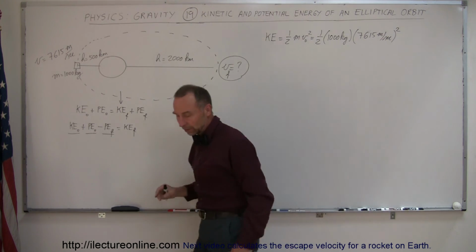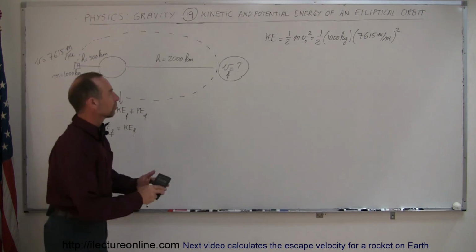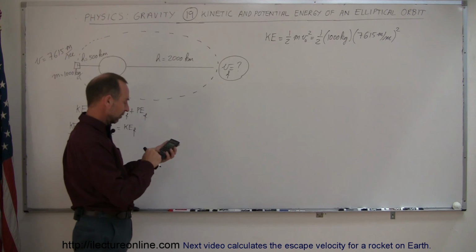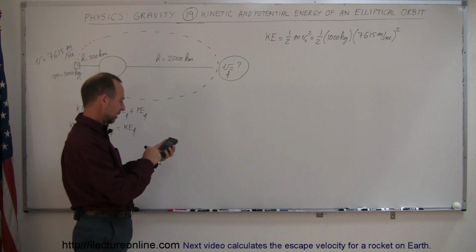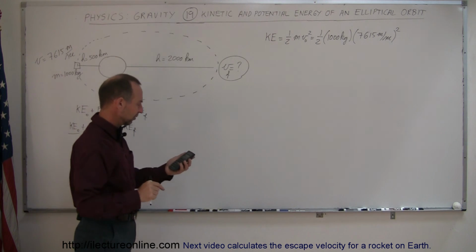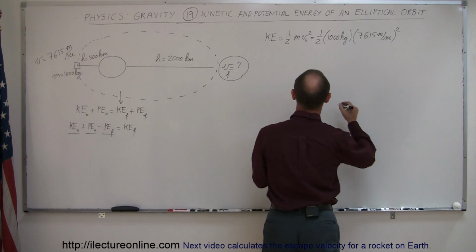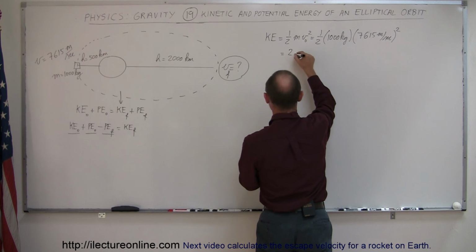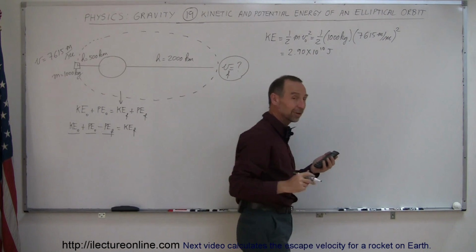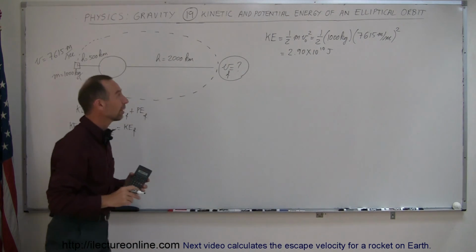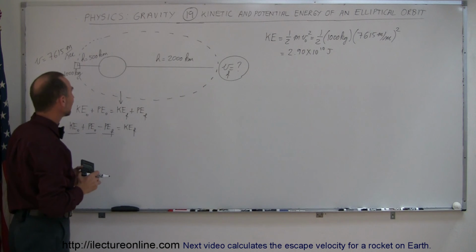So let's find out what our initial kinetic energy was. 7,615, square that, and multiply times 500 equals, and we get 2.90 times 10 to the 10th joules. That looks familiar because obviously that came from our previous problem, number 18.